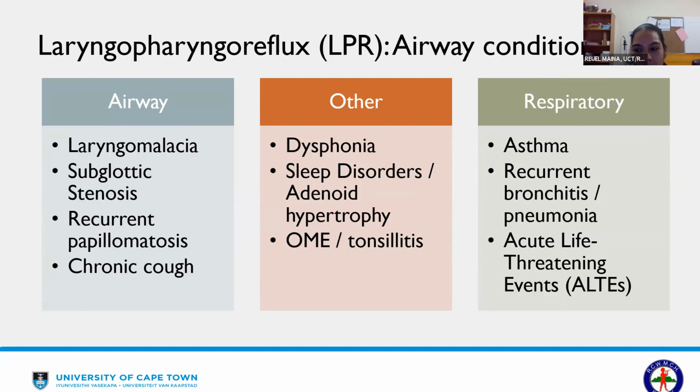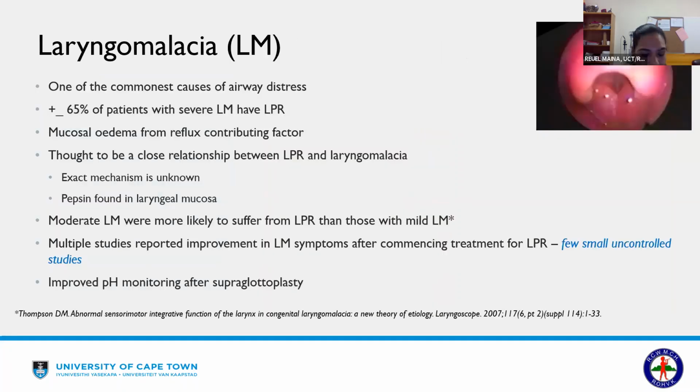And then with the lower airway, patients who have associated LPR, these are the patients we are going to look at today: asthmatics, recurrent bronchitis, pneumonia, and acute life-threatening events.